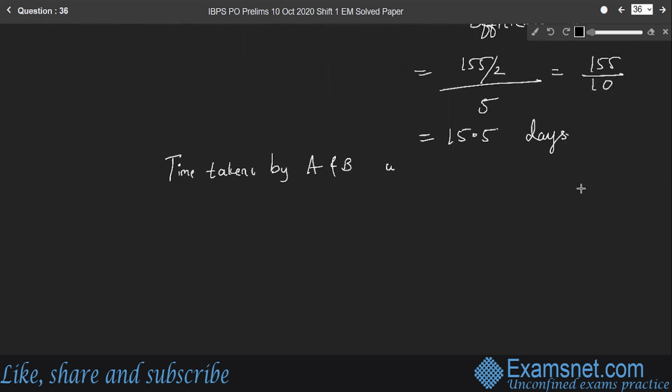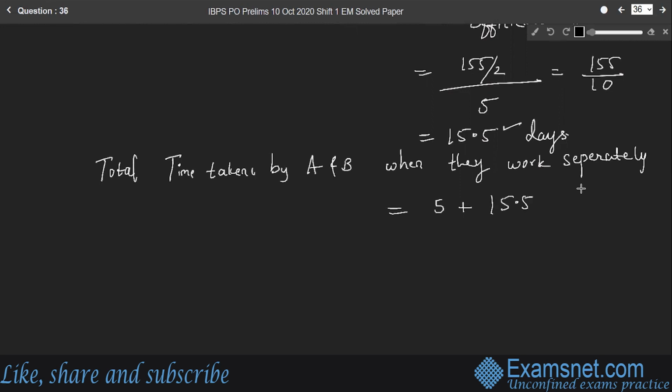So when they work separately, or you can consider it as total time taken by A and B when they work separately. So A took 5 days and B took 15.5 days. Totally it is 20.5 days.